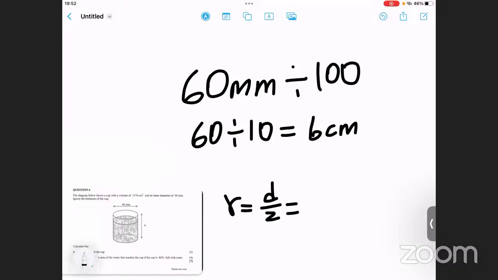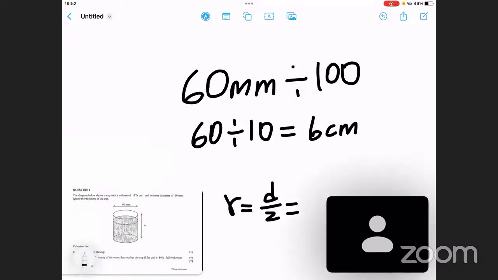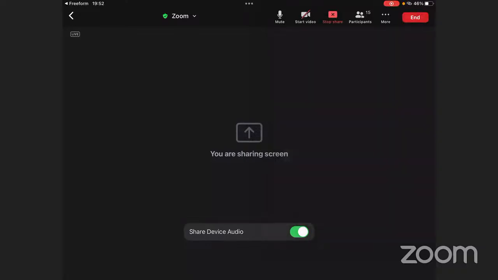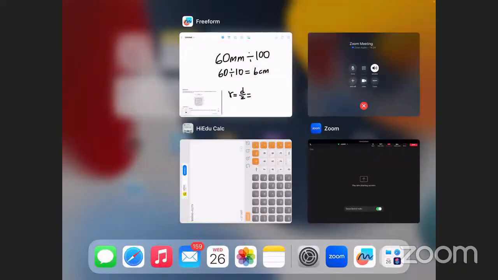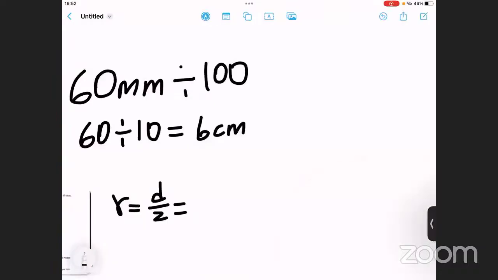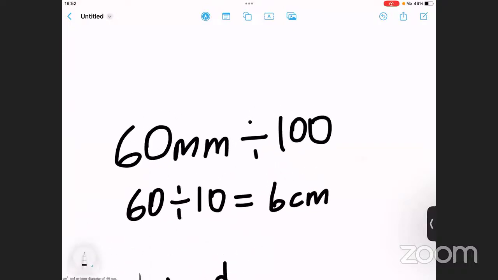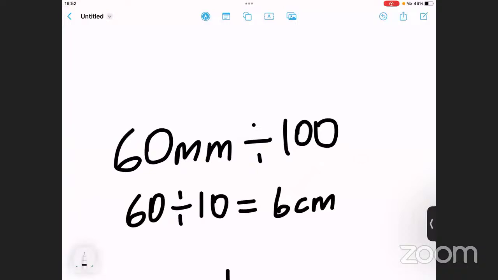Okay. Then let's check with the other honorable members just to confirm that. Ask all to unmute. Okay, guys, what do you know about conversions? So you have to divide by 10 from millimeters to centimeters. Okay, from millimeters to meters, we divide by?